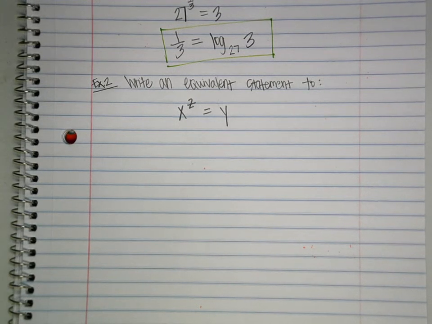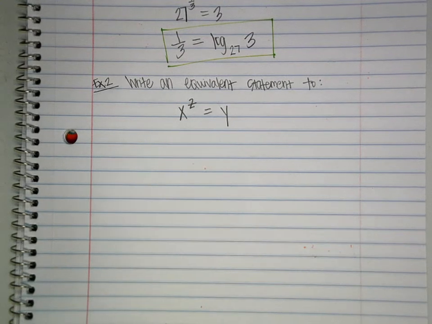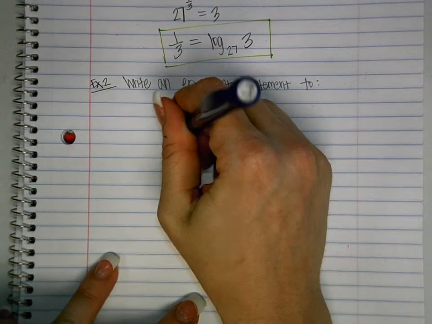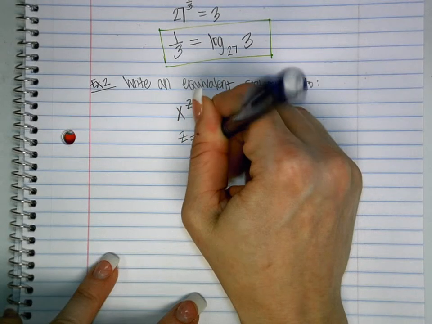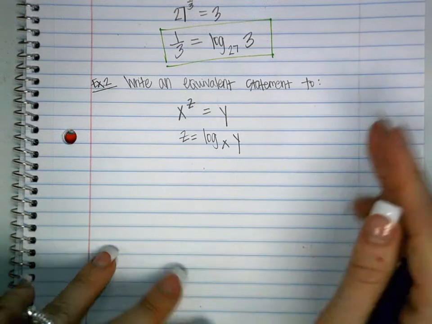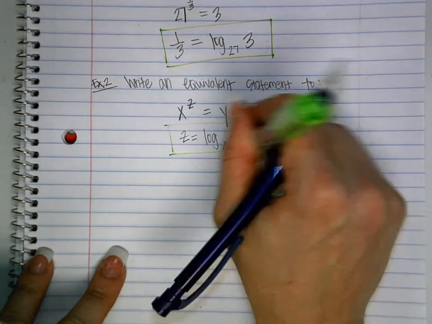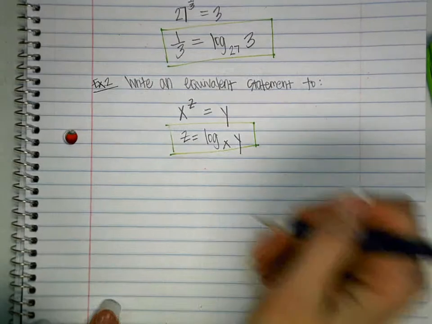So again, just rewrite this in log form. X to the z equals y. How would I write that in log form? Z equals log base x of y. Exactly. That's it. Should be fairly simple. Okay, let's try another one.